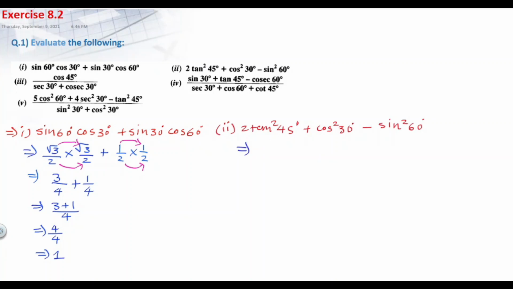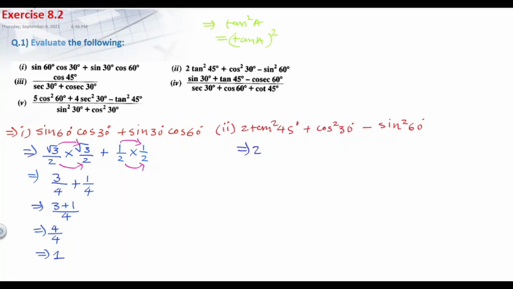Now we already know the value of tan 45, which is equal to 1, and we have to square it. What is the meaning of tan square 45 here? If we are given tan square A, it is equal to tan A whole square.